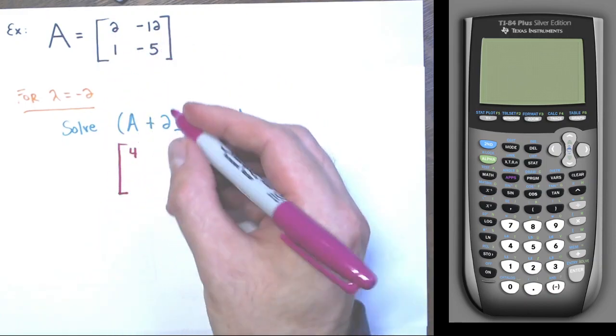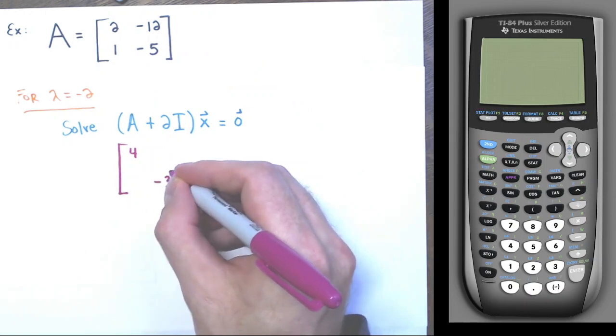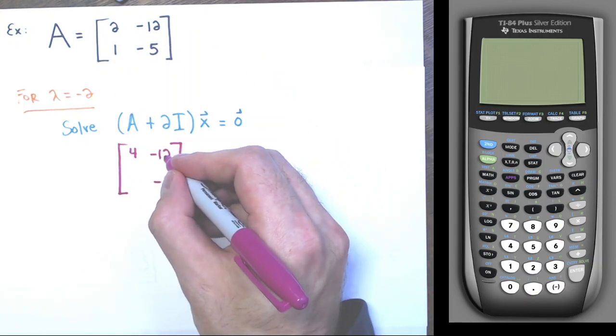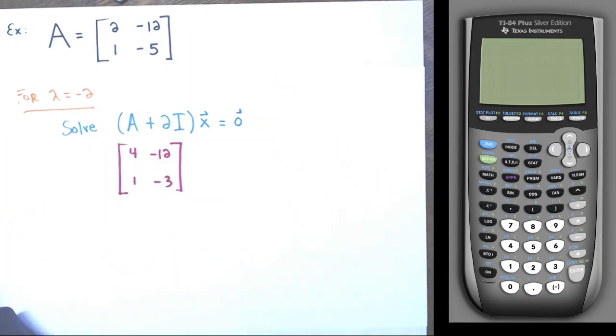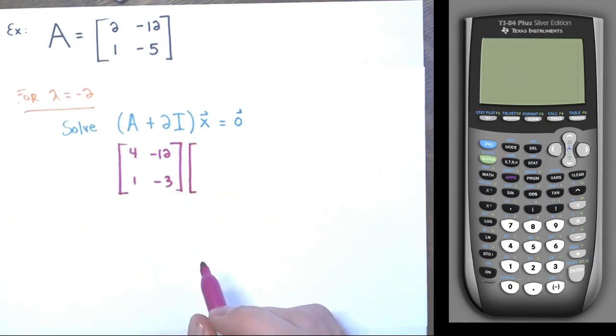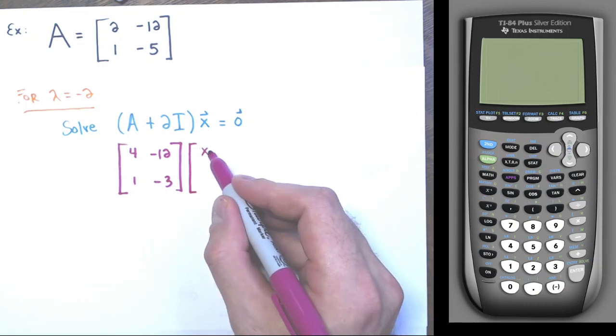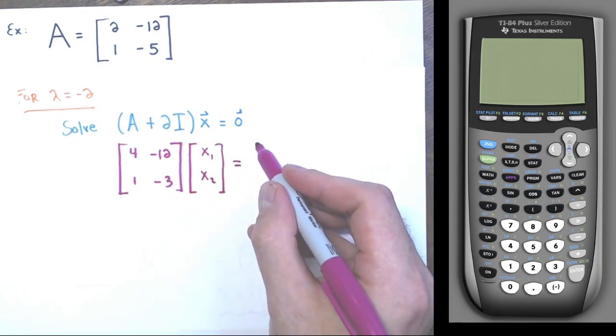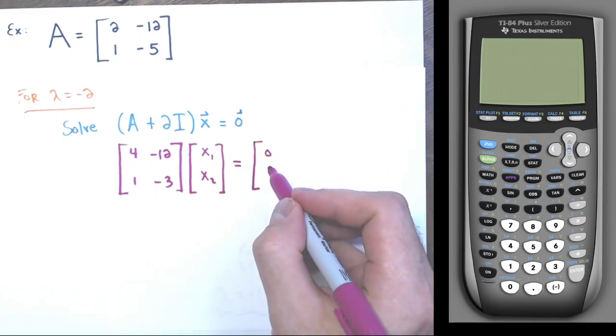Negative 5 plus 2, negative 3. And then the other two stay the same, negative 12, positive 1. Then times, this is a 2 by 2 matrix, so the vectors we're looking for will have two components, say x1 and x2.